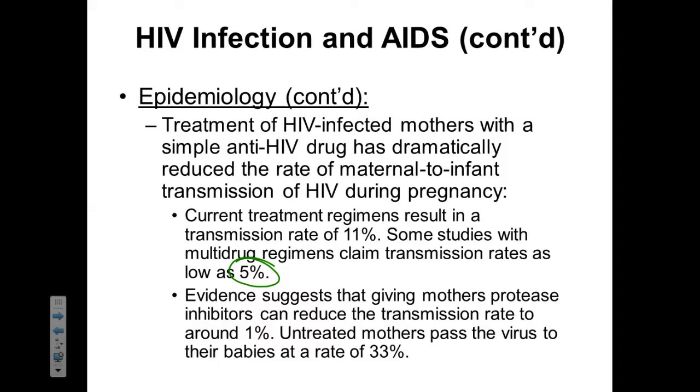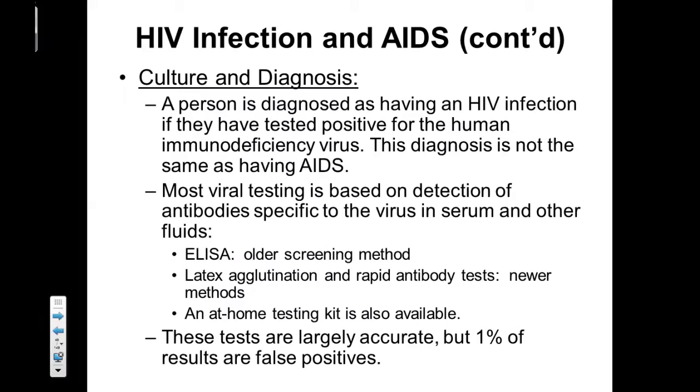So sometimes the side effects may potentially be worse than the disease itself. Untreated mothers have approximately a one-third chance of passing HIV AIDS onto their child. So treatment can lower that transmission rate dramatically.